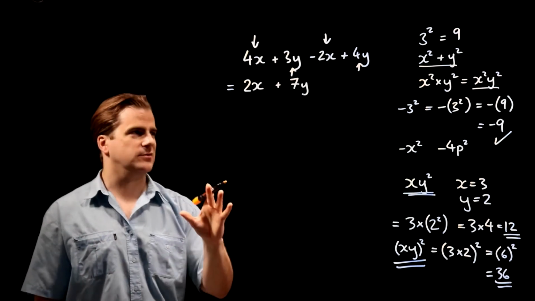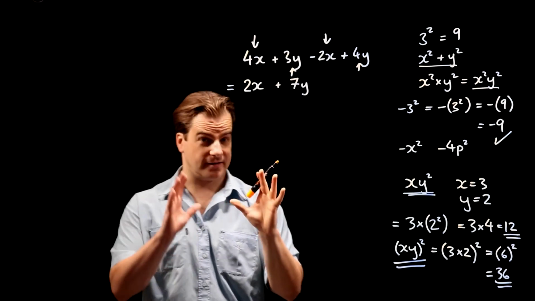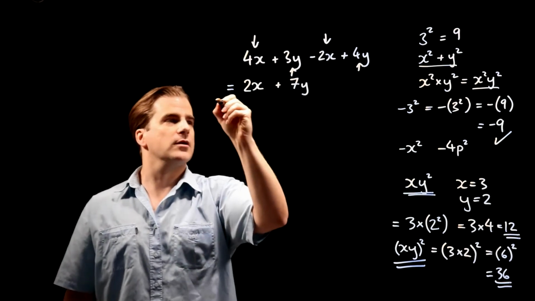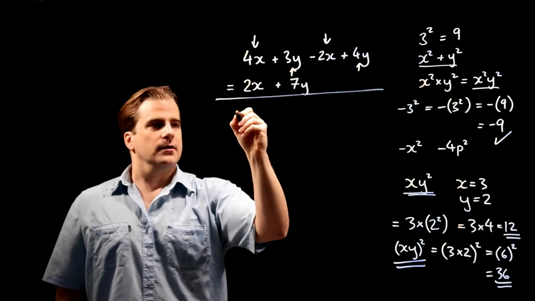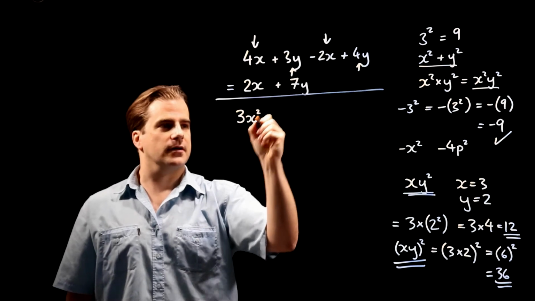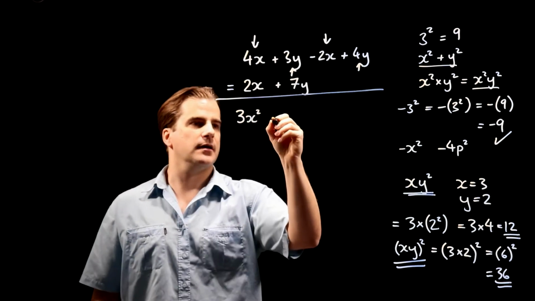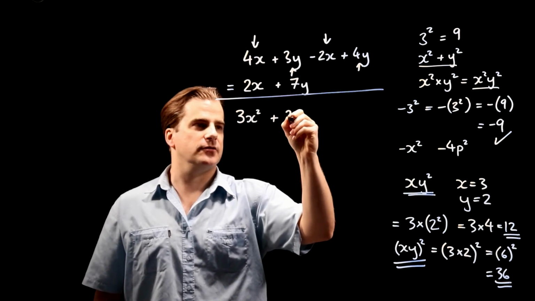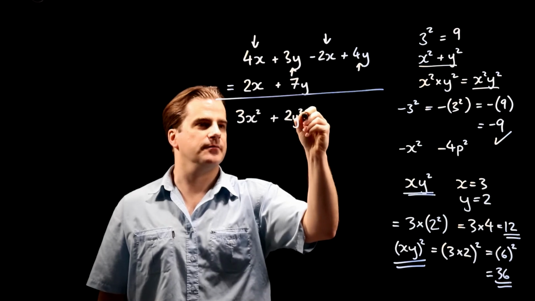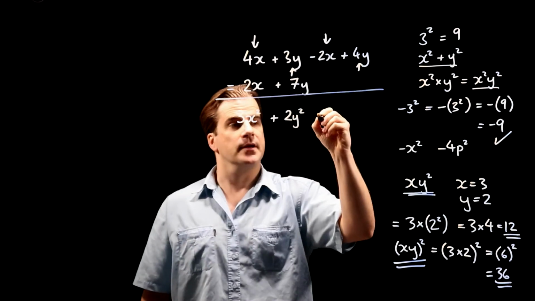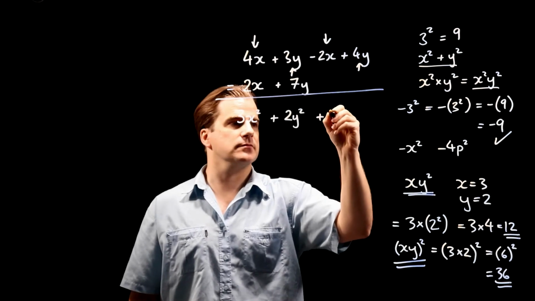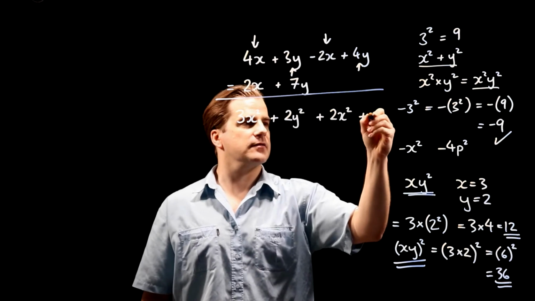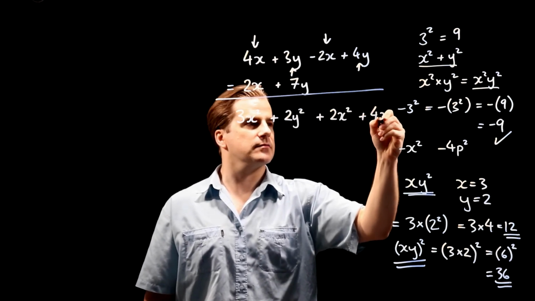Let's do a slightly more complicated example, but it's exactly the same thing, just using squared terms. So let's say, what if we had 3x squared plus 2y squared plus 2x squared plus 4x.